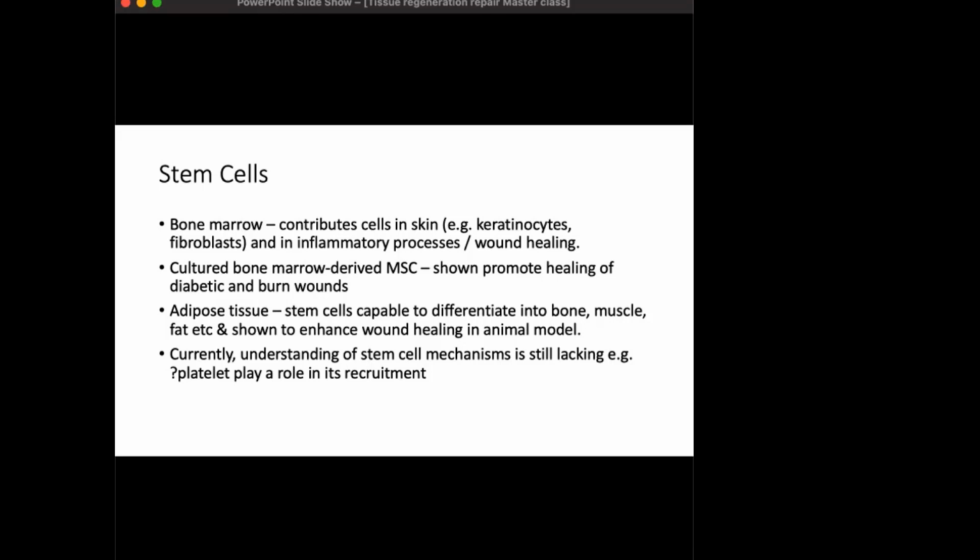There might be a role of platelets in the mechanism, but research is still ongoing. So at the moment, we still don't have the answers or the easy way to regenerate all these tissues. Might be in the future, I don't know. Any question on that?